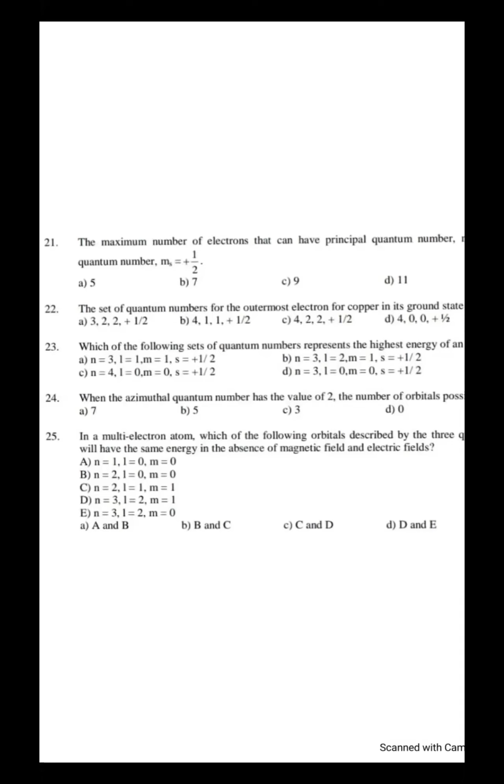Karvi, your answer is wrong. If l equal to 2, this means it is asking for the d subshell, and the d subshell has 5 orbitals. So the correct option is B.